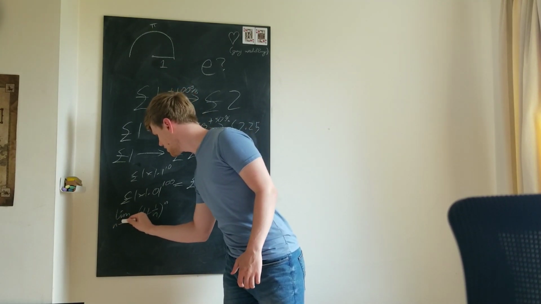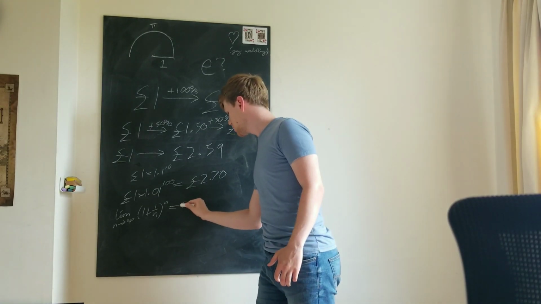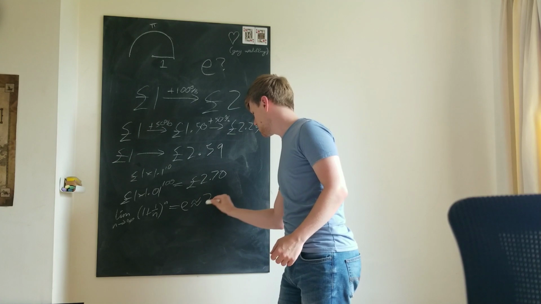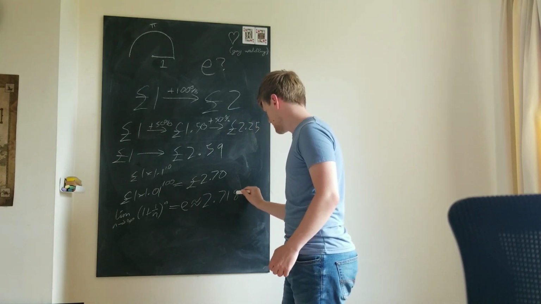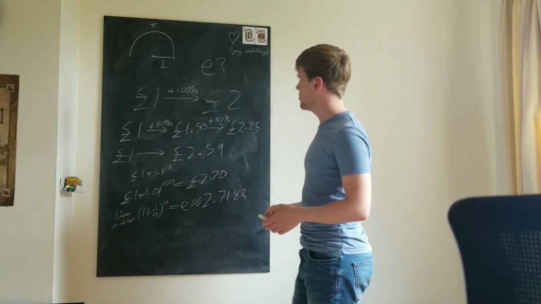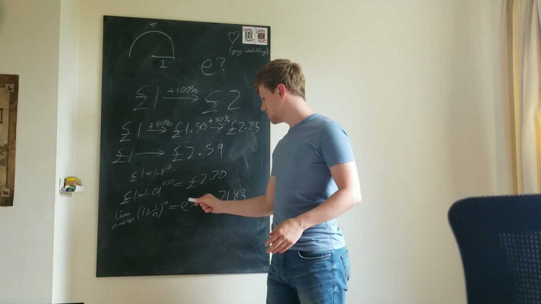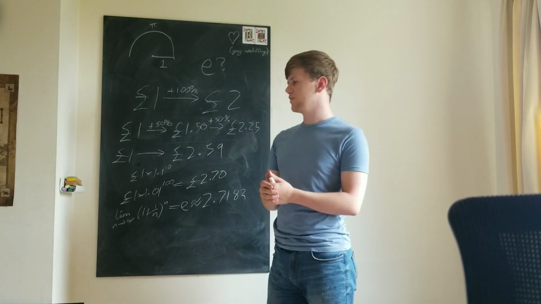It actually approaches a very special number, which is called e, which has a rough value of 2.7183, something like that. And so what I'm going to do today is show you that this expression, as you take n to infinity, does converge to some finite value, and you can't get infinite money from this process.